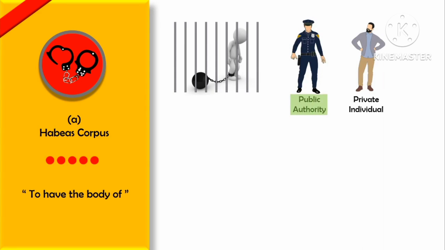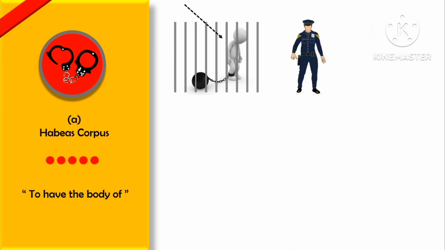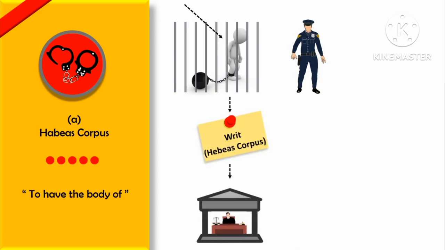Public authorities are those who perform governmental works, and private individuals are those who do not belong to any group, company or organization. Now this person who has been detained unlawfully or illegally can file a writ of habeas corpus in the court against the authority who has detained him. On behalf of this person, his family can also file a writ of habeas corpus in the court.